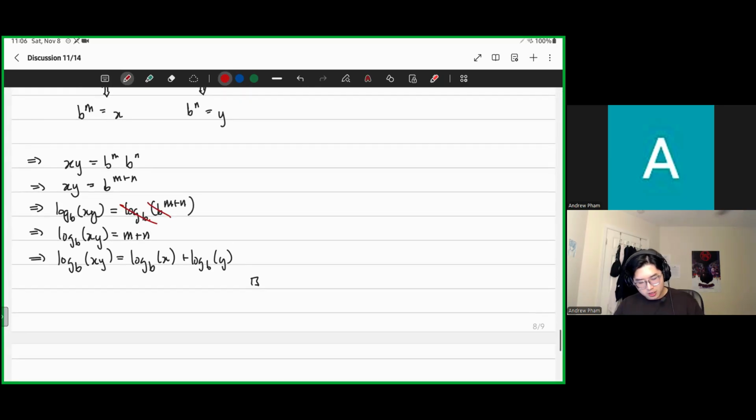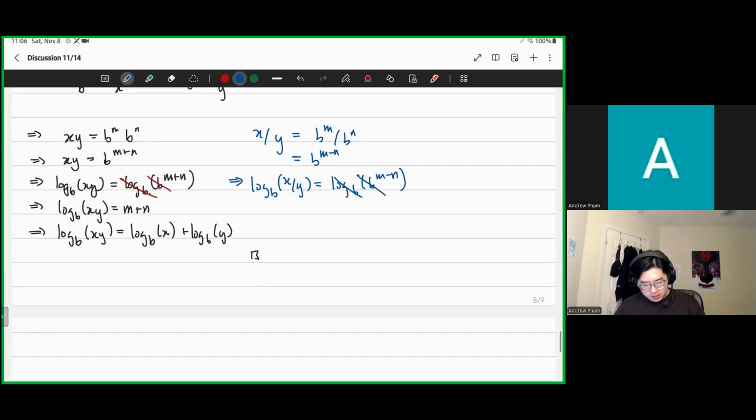Similarly, I can also go through this for the quotient rule. Instead of multiplying x and y together, I can divide them. Division of x and y is simply division of b to the m over b to the n. But we know by our exponent rules that division is just subtraction of the exponents. So you get the idea, right? If you take the logarithm of both sides, you get logarithm base b of x divided by y is equal to logarithm base b of b to the m minus n.